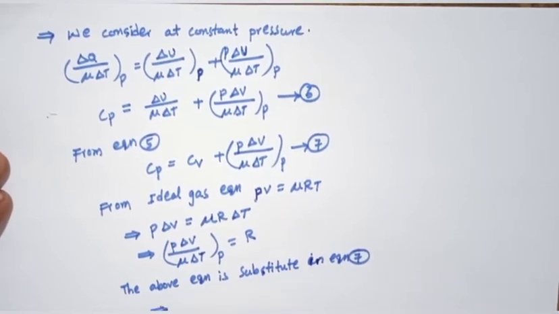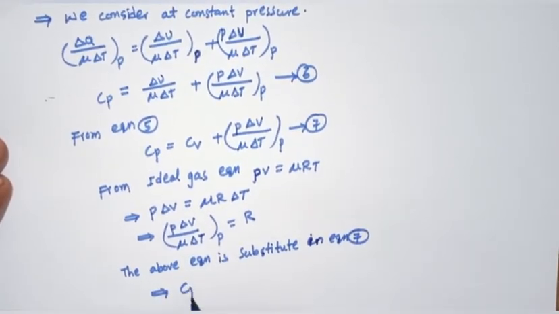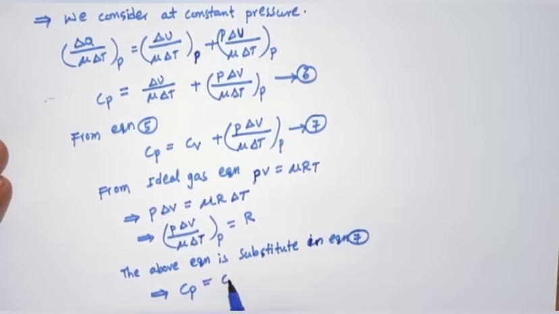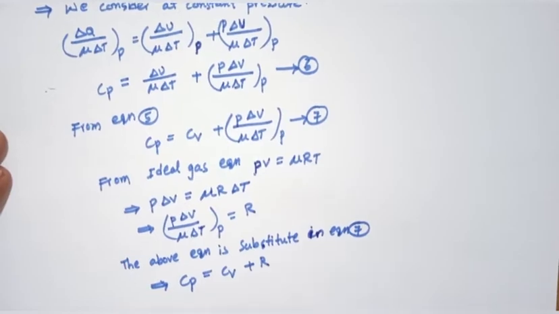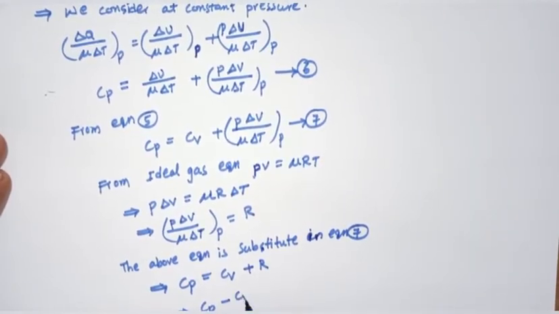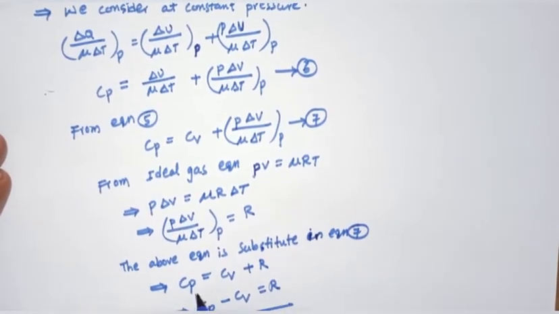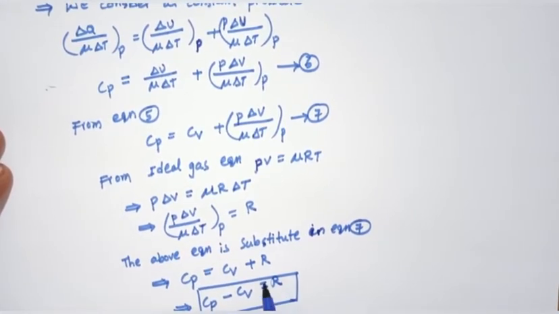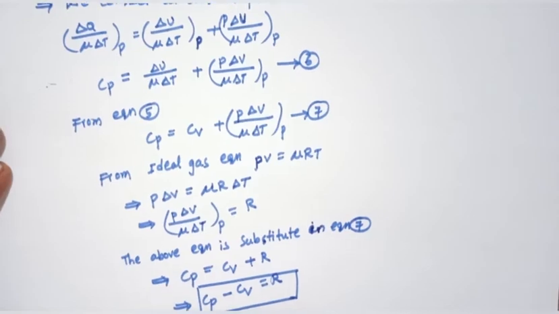Then Cp equals Cv plus R, so Cp minus Cv equals R. R is the gas constant.